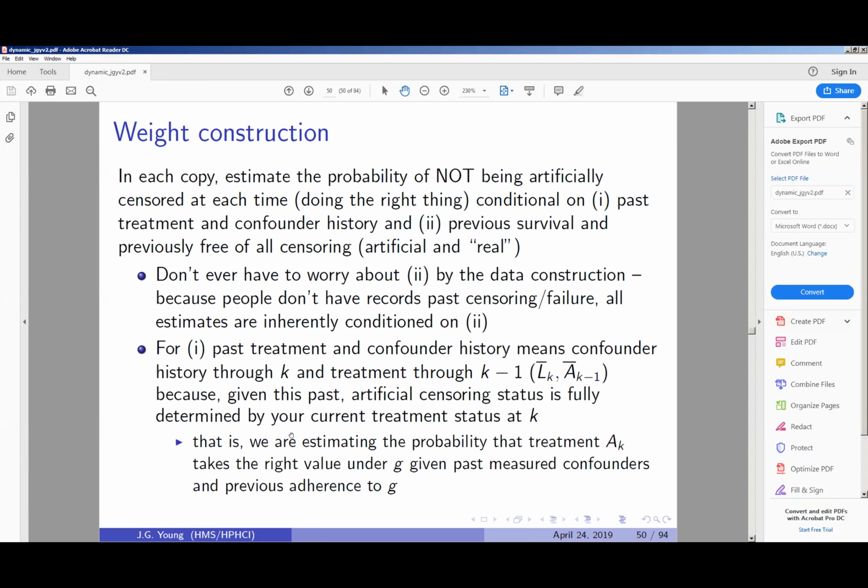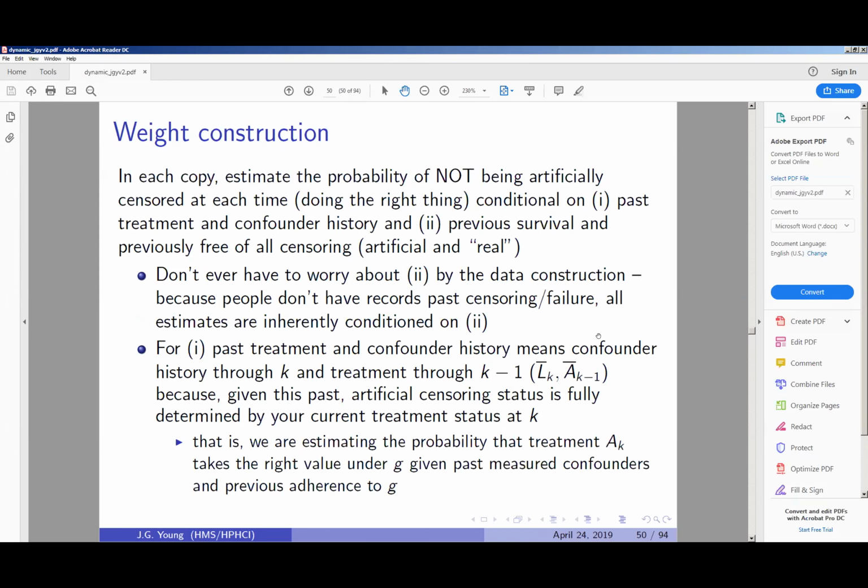In other words, doing the right thing at time K under G, conditional on past treatment and confounder history, and also previous survival and previously being free from all censoring, artificial and real censoring. In our example, that was due to not coming in for a lab measurement.